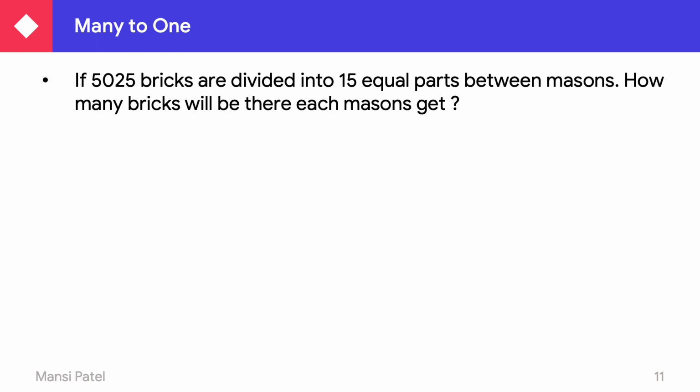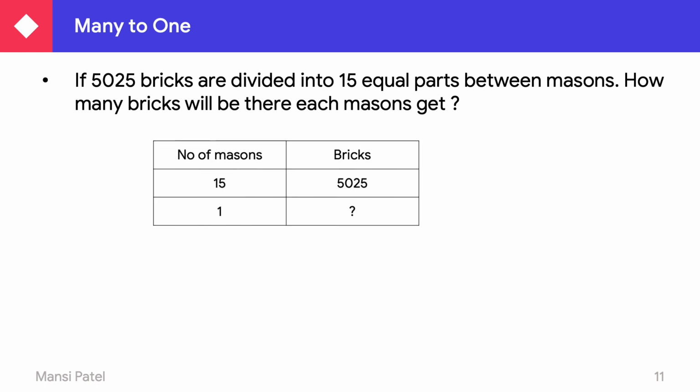So we have to write down first the number of masons and then the number of bricks. 15 masons get 5025 bricks. So how many bricks does each mason get?